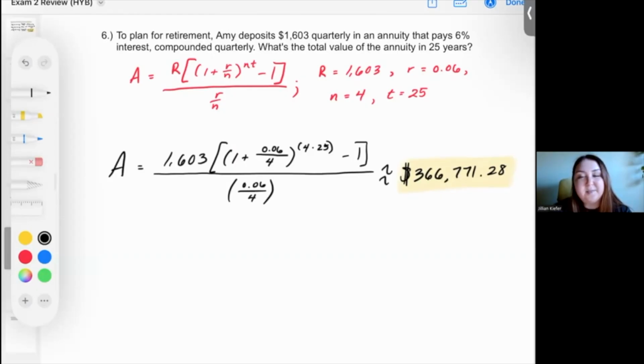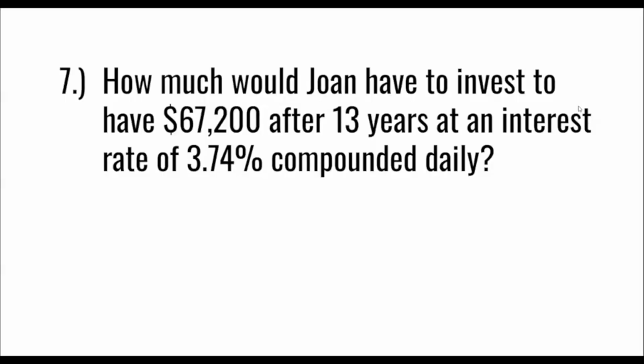Let's go back to our slides and take a look at problem number 7. For number 7, we want to know how much Joan would have to invest to have $67,200 after 13 years at an interest rate of 3.74% compounded daily.